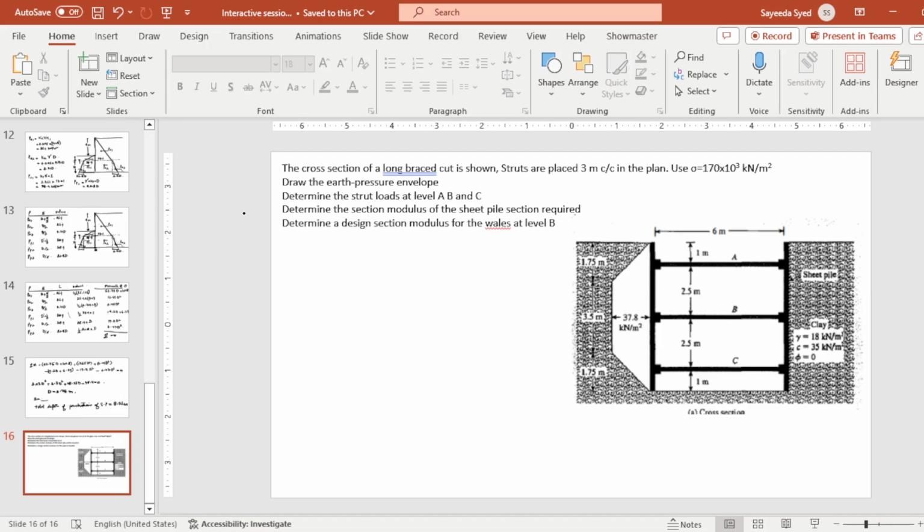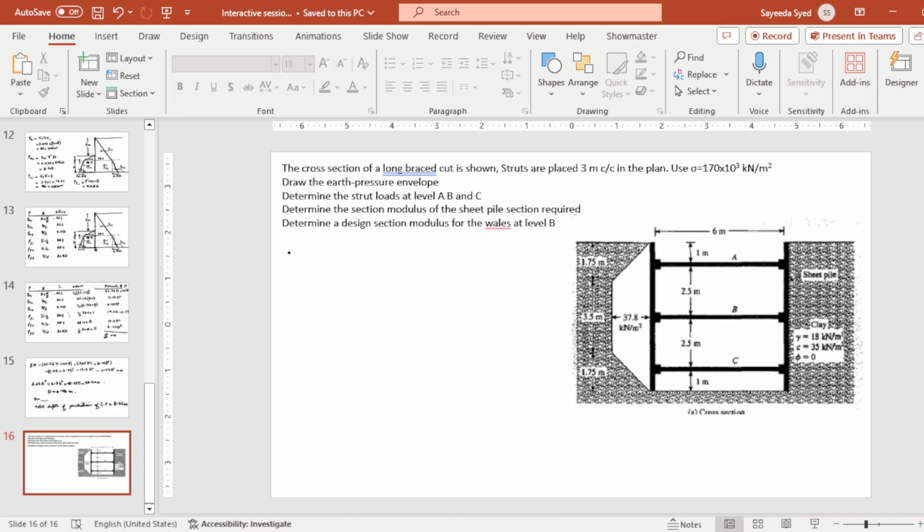We need to draw the earth pressure envelope, determine the strut loads at level A, B, C, determine the section modulus for the sheet pile section required, and also design a section for the wales at B. Wales are these.